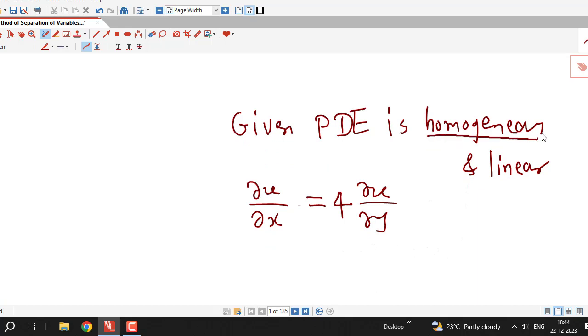Homogeneous PDE means every term of the equation contains the dependent variable or its derivatives. Here this term contains the partial derivative of the dependent variable u with respect to x. This also contains the partial derivative of u with respect to y. So this is homogeneous. Suppose I write here plus u, then this is also homogeneous.